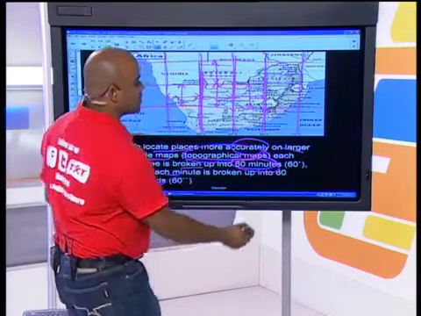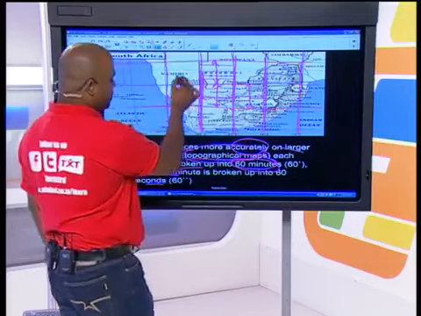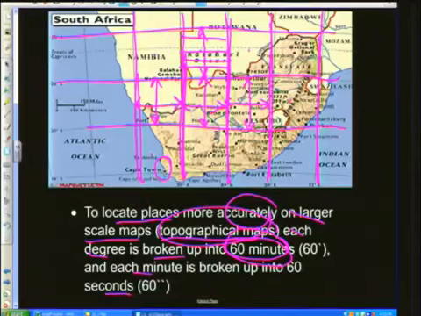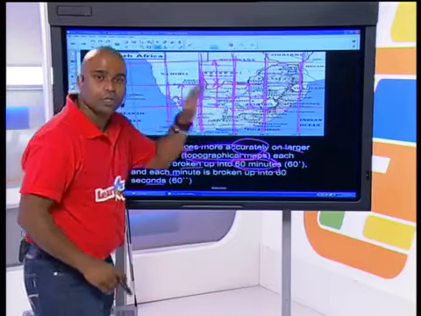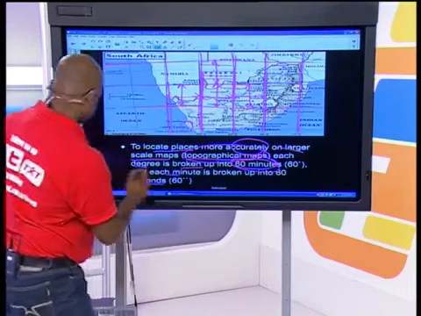So the time difference between Durban and Cape Town, which is here, is approximately an hour to 2 hours depending on the number of lines that divide it. And as you move from the equator southwards, you should note that there is a time difference of 1 hour as well.